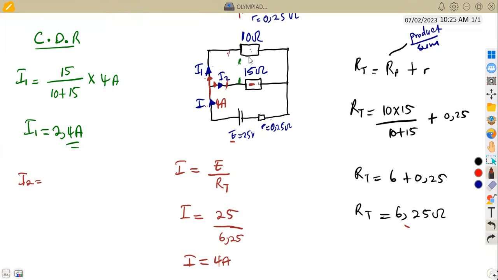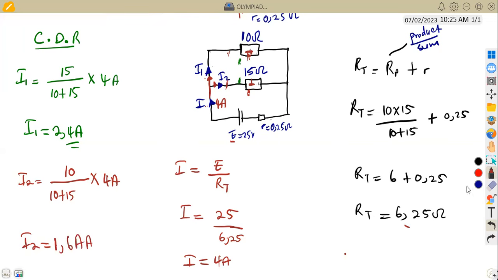That means 10 on top, over the sum of the resistors, 10 plus 15, times the total current of 4 amps. So I2 is going to give us 1.6 amps.